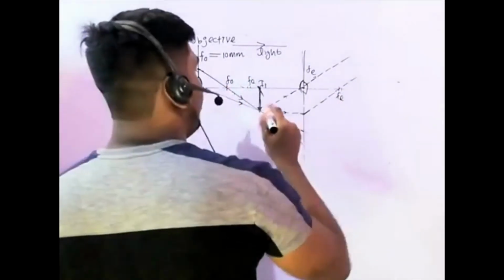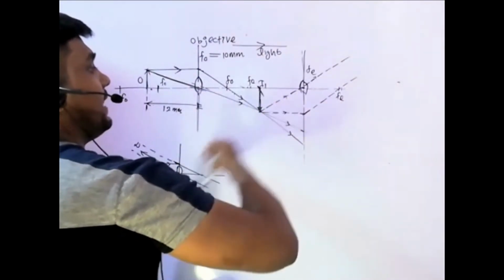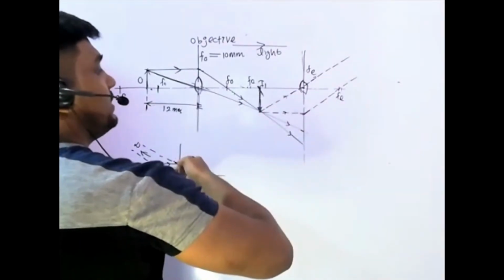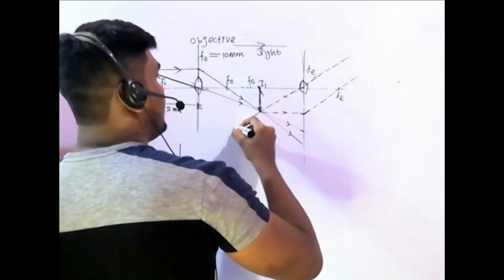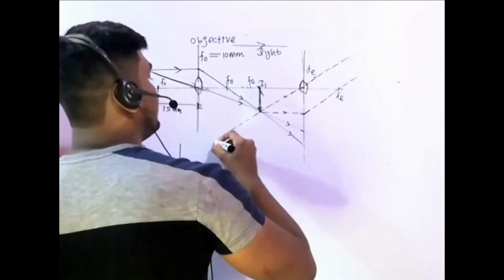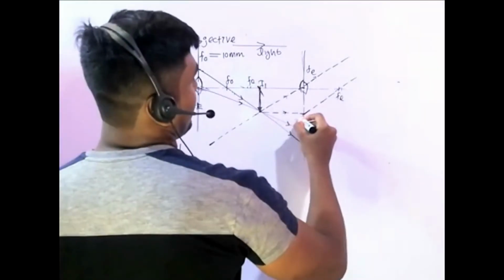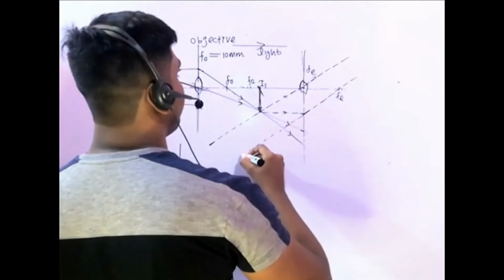Then where should our final image be? When you extend these two rays backward, you can see they never converge. That means your final image is at infinity. There is no converging point you could see.